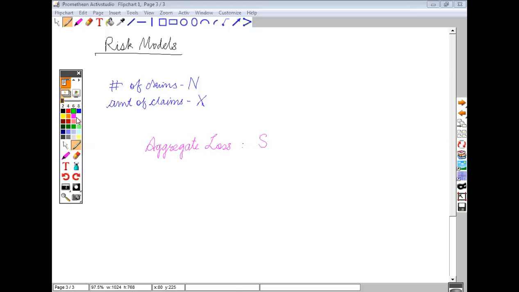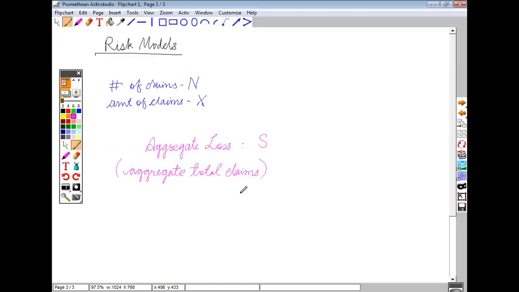So how do you guys think I can summarize my aggregate loss? If loss confuses, we can also write this as aggregate total claims.